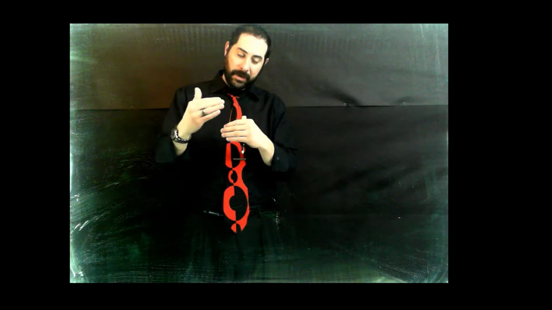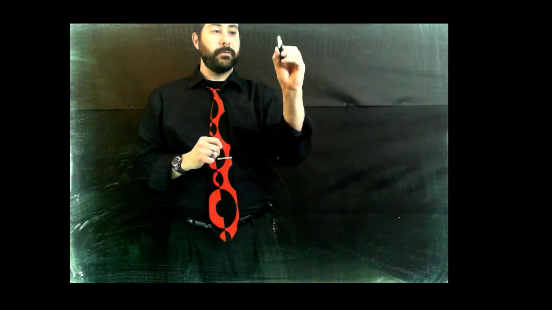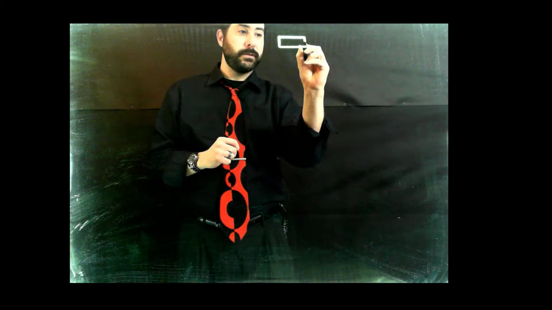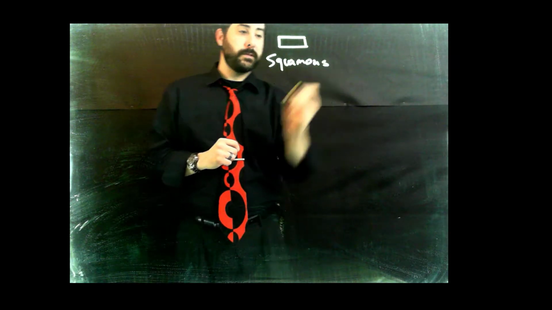So the first way we're going to classify tissue that's epithelial is by the shape of the cell in this lining or layer. And then also the second way is, for this specific type, whether it has more than one layer or not. So if we're looking at the cell shapes, they're going to be either very flat, and we call this squamous.